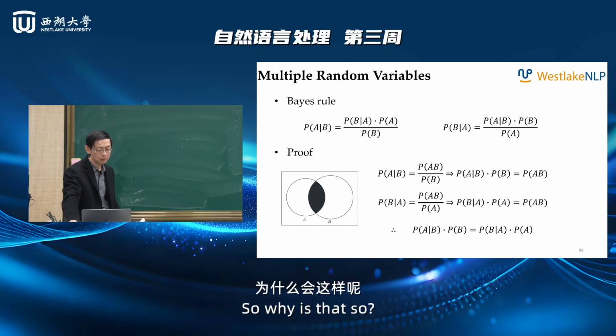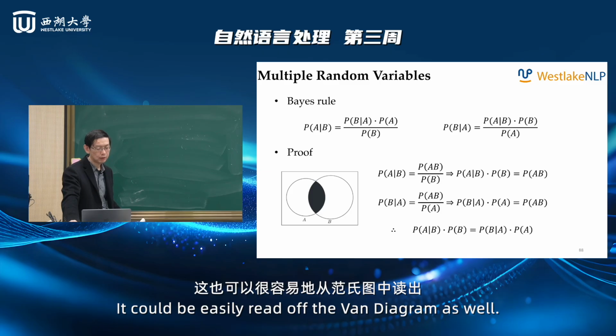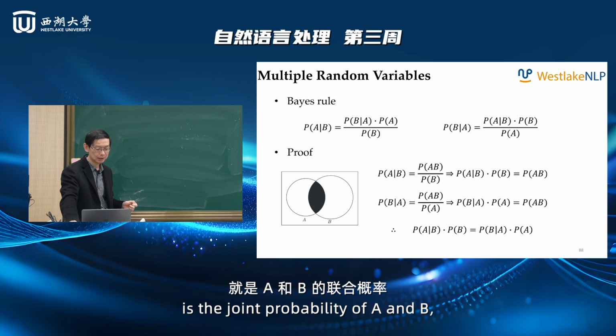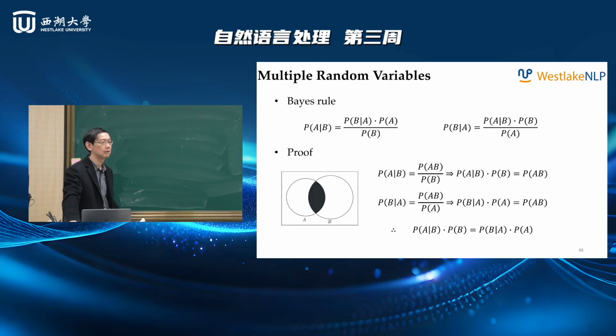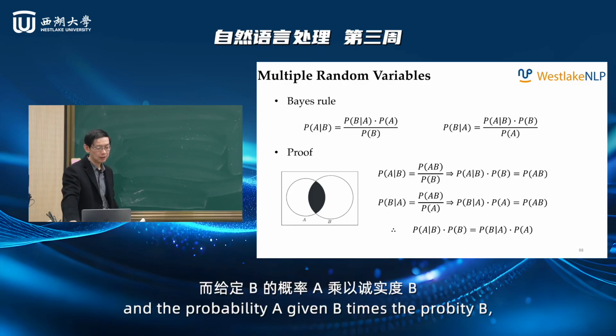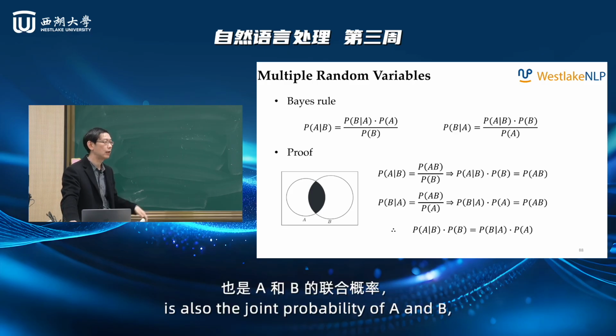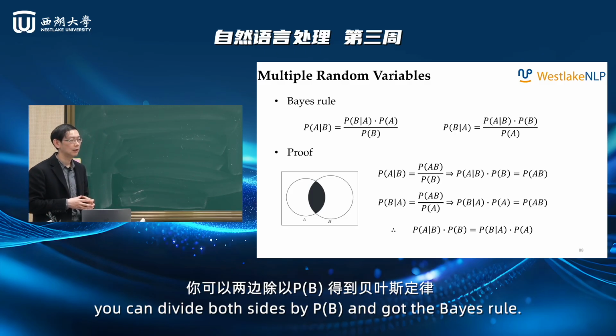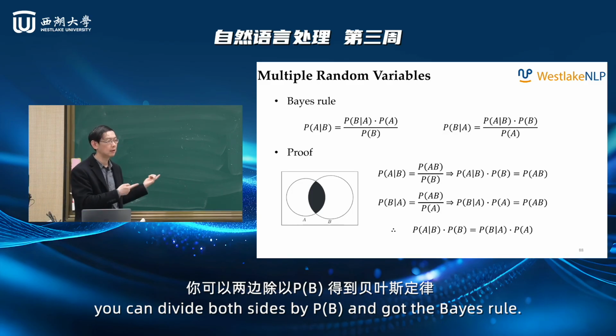So why is that so? It can be easily read off the Venn diagram as well. The probability of B given A times the probability of A is the joint probability of A and B. And the probability of A given B times the probability of B is also the joint probability of A and B. Since they are the same, you can divide both sides by P(B) and get the Bayes rule.